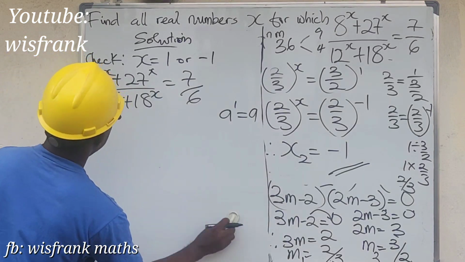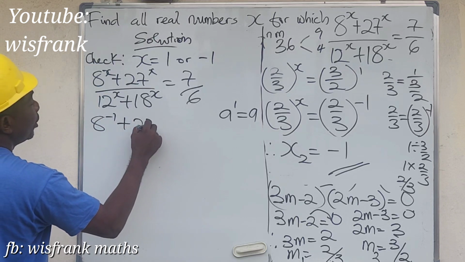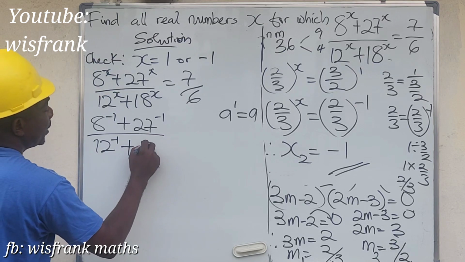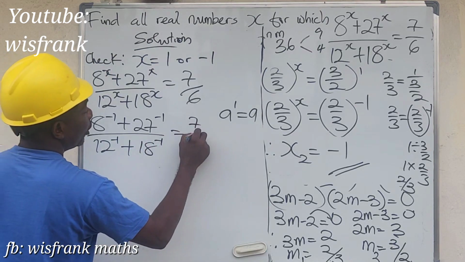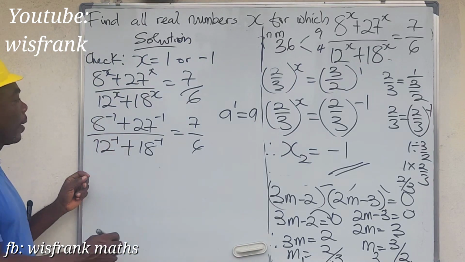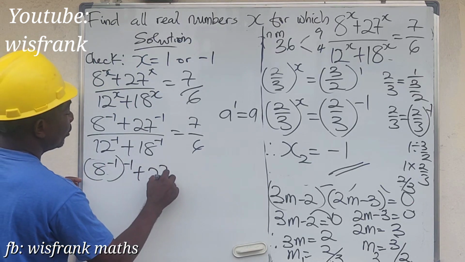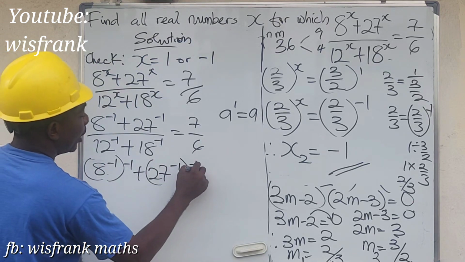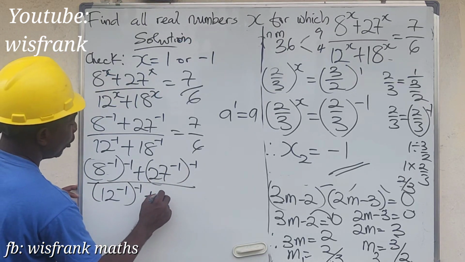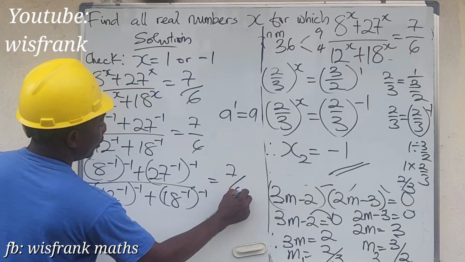So for x equals minus 1, we have (8^(-1) + 27^(-1))/(12^(-1) + 18^(-1)) = 7/6. In this case, we can raise all through to the power of minus 1, by saying that 8^((-1)(-1)) + 27^((-1)(-1)) over 12^((-1)(-1)) + 18^((-1)(-1)) equals 7/6.